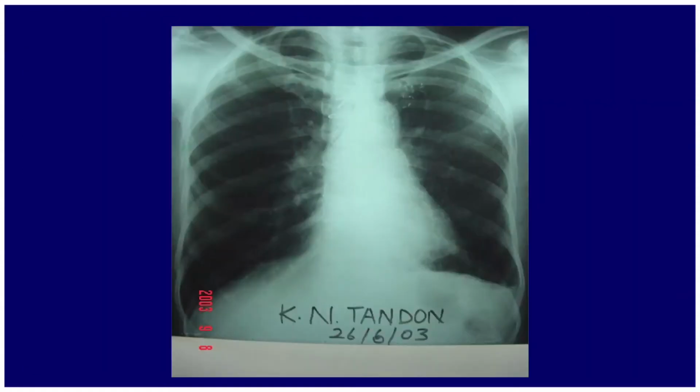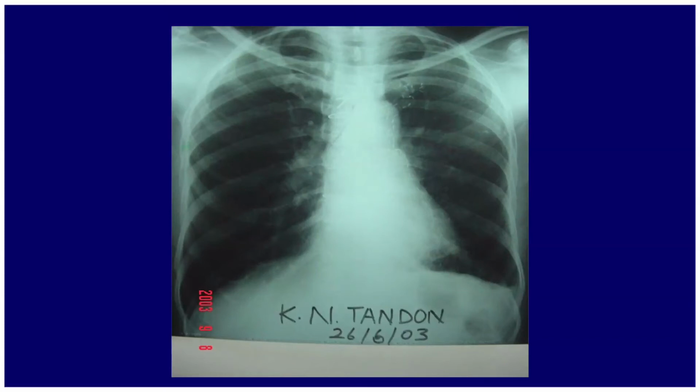This is another gentleman whose problem was that he again had recurrent hemoptysis, and he has been a chronic smoker. He has evidence of COPD, but that COPD is not usually explaining the cause of recurrent hemoptysis. So, we investigated him further.